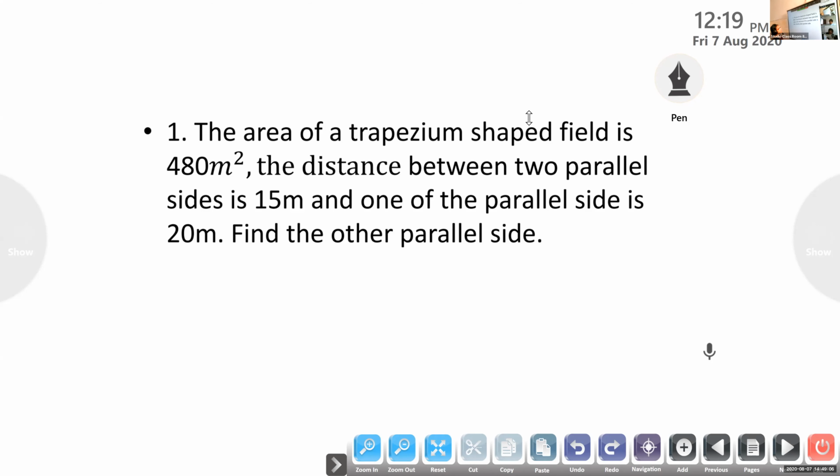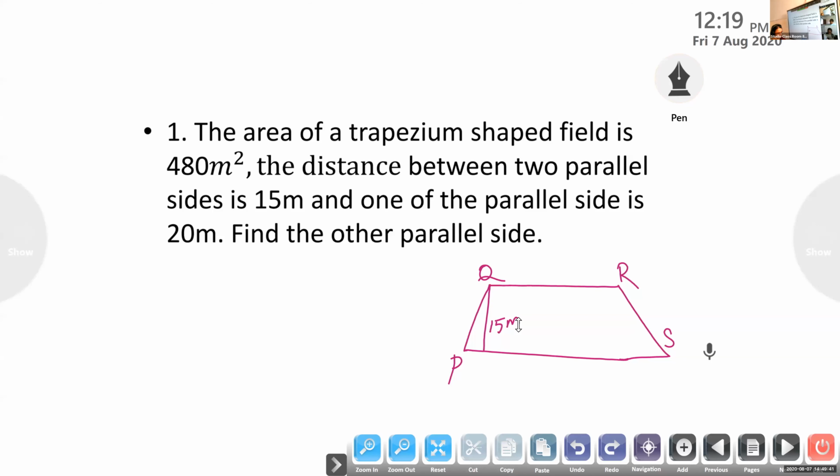The distance between two parallel sides is 15 meter.